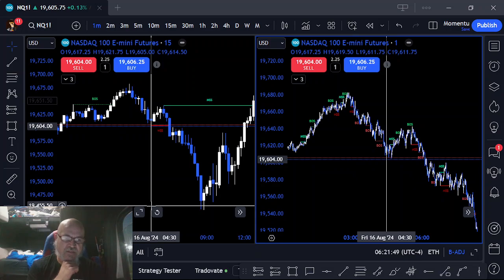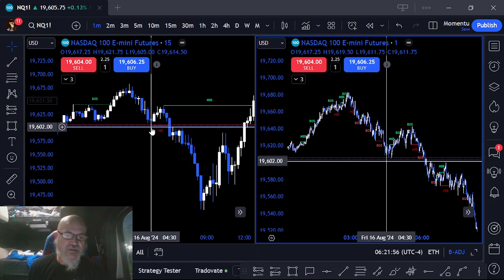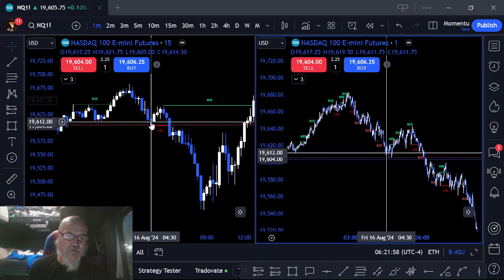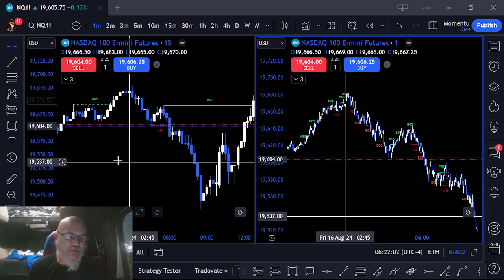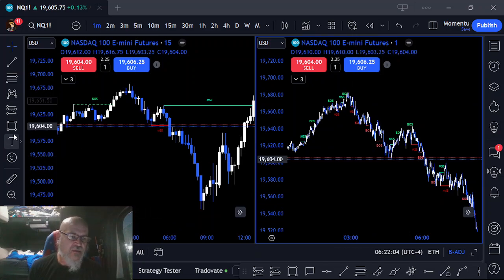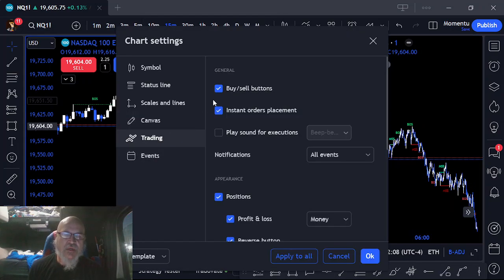The difference in that is, well, let's just use this here. This is a swing low on the 15-minute chart. And let me get rid of my crosshair, just to point things out a little bit.